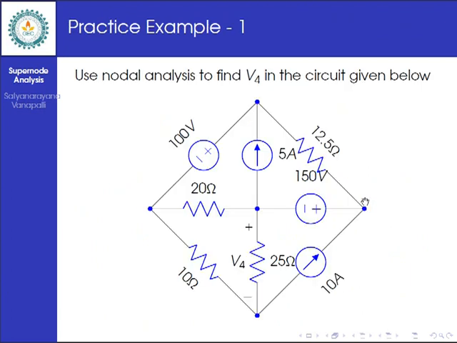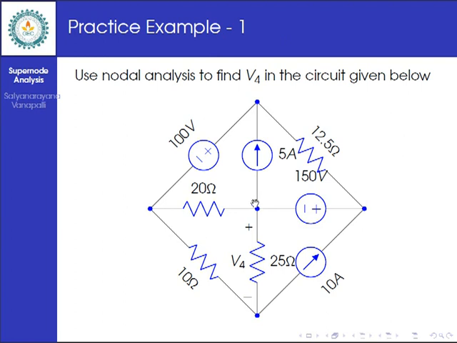So with the knowledge you have gained, I hope you would be comfortable in solving some of the examples on your own. Here I am giving practice example 1, and you need to find out the voltage V4 across the 25 ohm resistance.